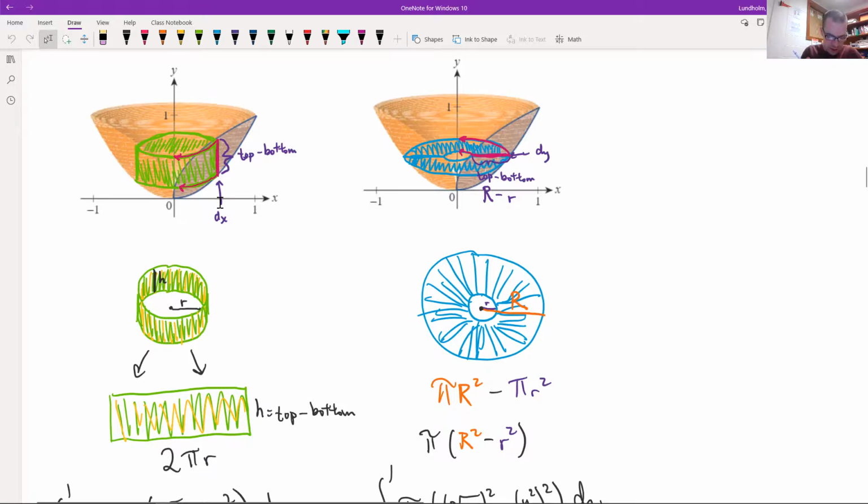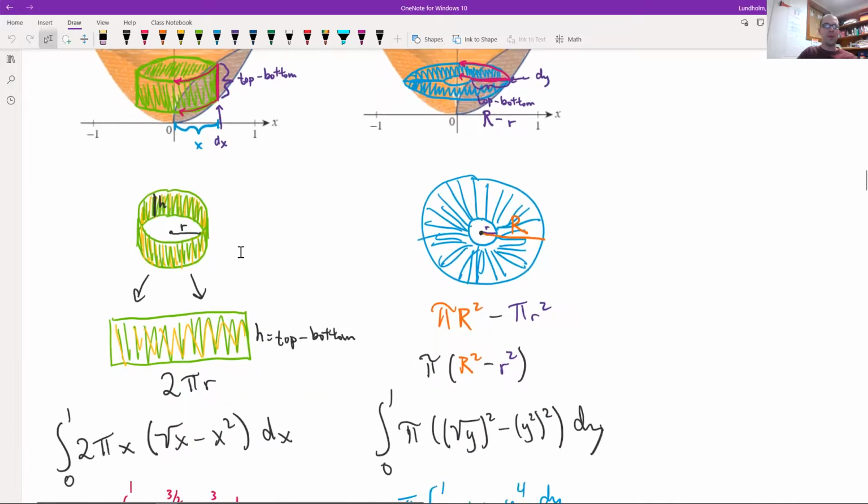So let me go ahead and draw that in because that's not there right now. That's the radius for this one. Right now it would just be the x value, and the height would be top minus bottom.